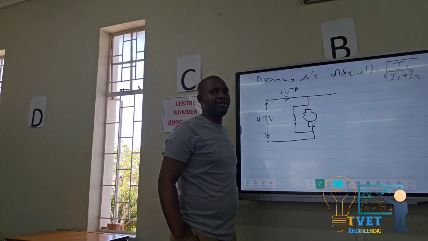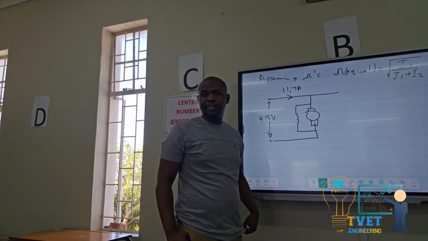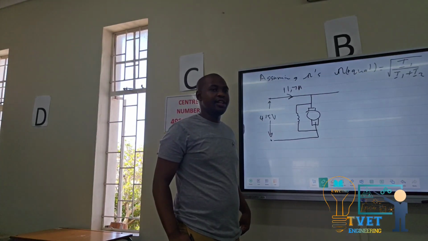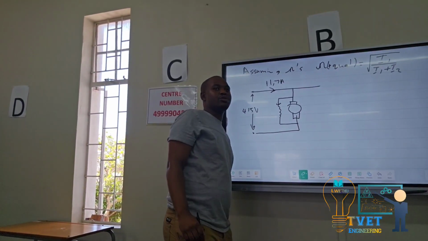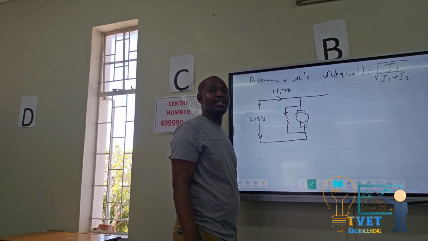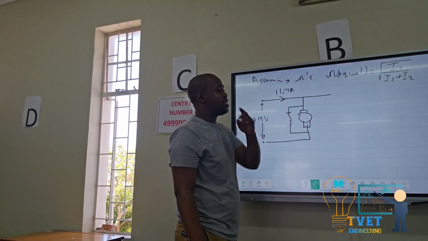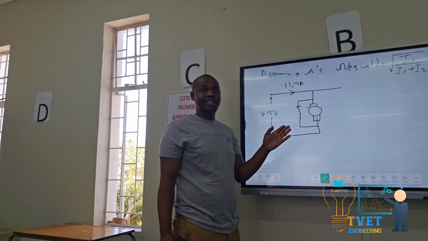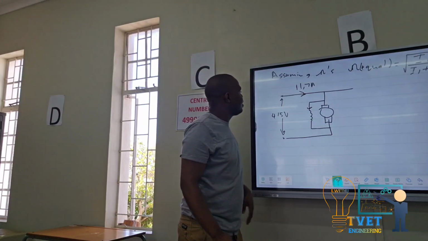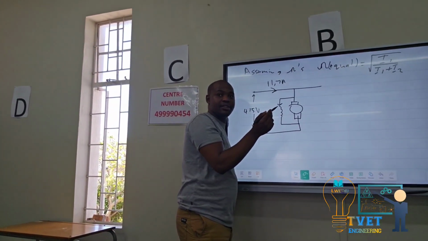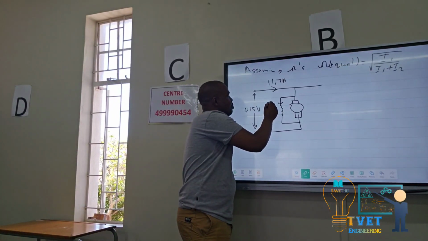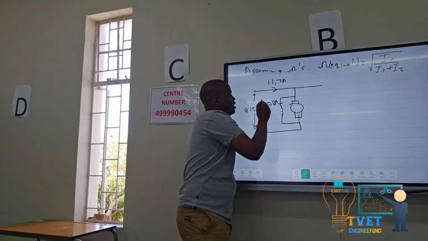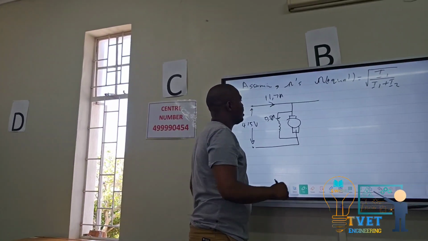The field current that I'm given here is the motor's field current. Notice the direction of the current. It was 0.8 amps.